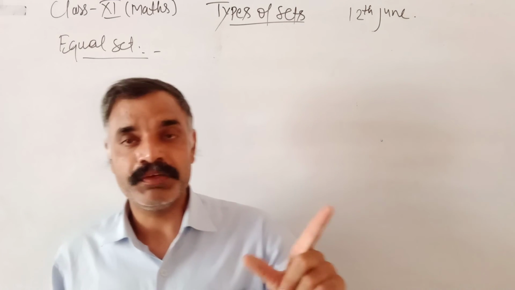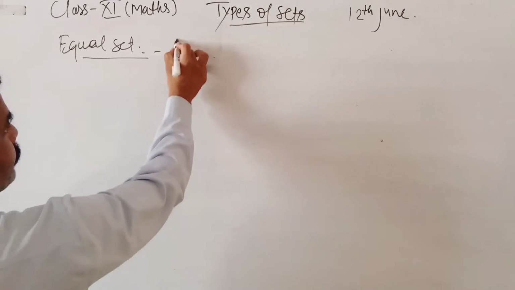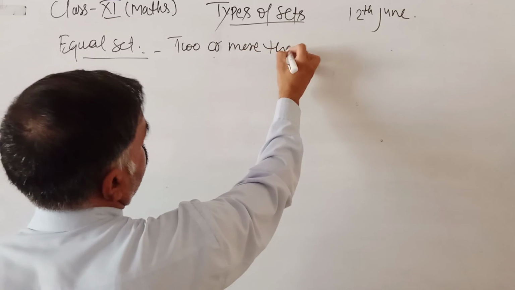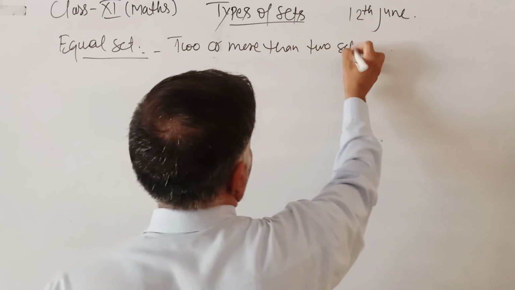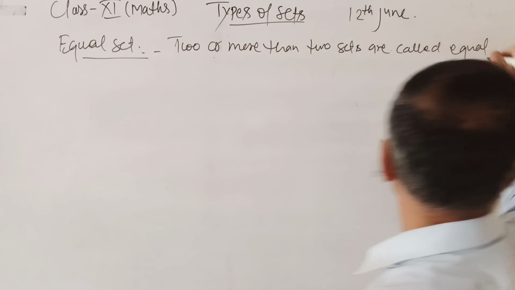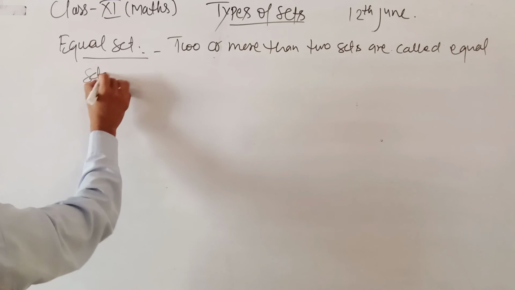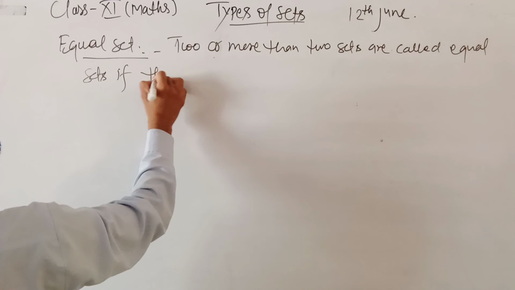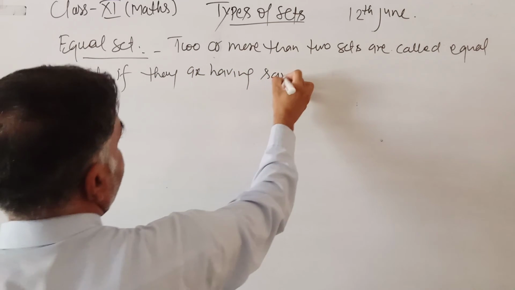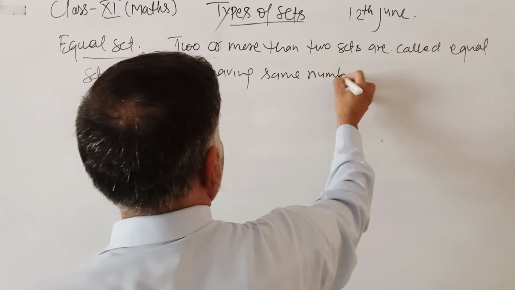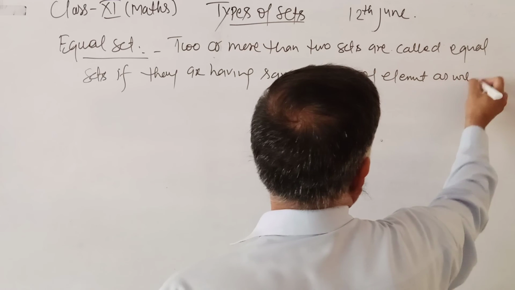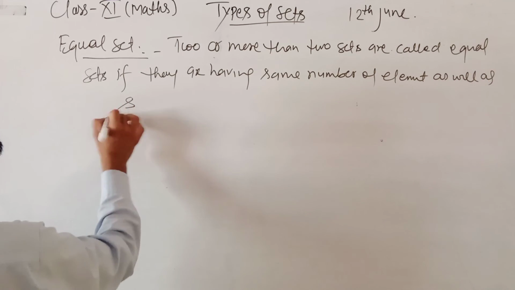So the definition of equal sets is: two or more than two sets are called equal sets if they have the same number of elements as well as the same elements also.